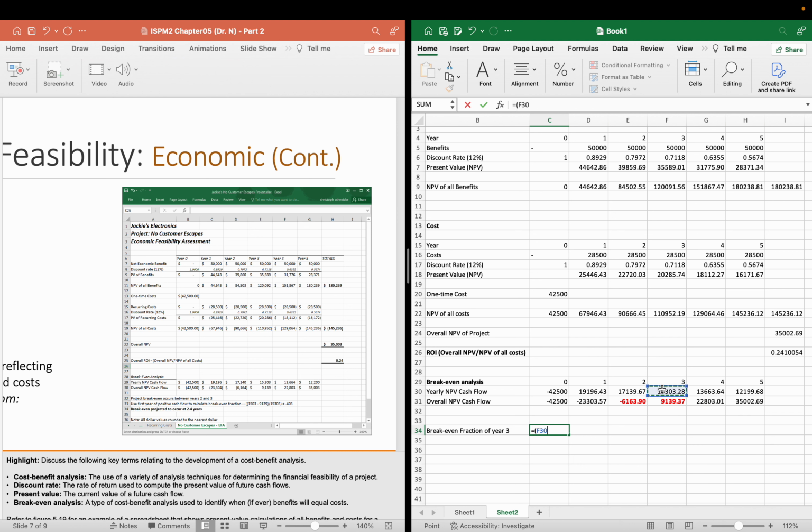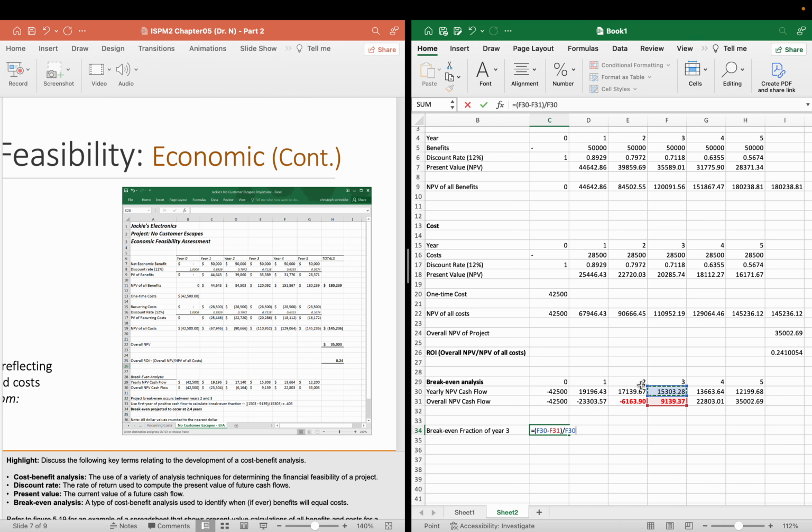The yearly cash flow of year 3, the first year that we have a positive cash flow, minus the extra positive cash flow that we have, divided by, again, the yearly cash flow that we got. We want to know how much of this yearly cash flow is used to pay off the negative value that we had in the previous year.